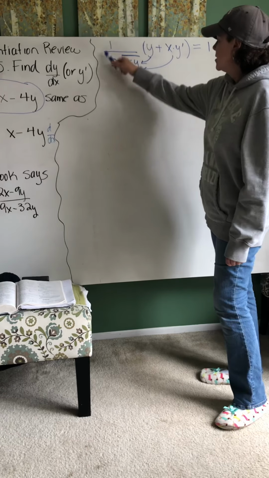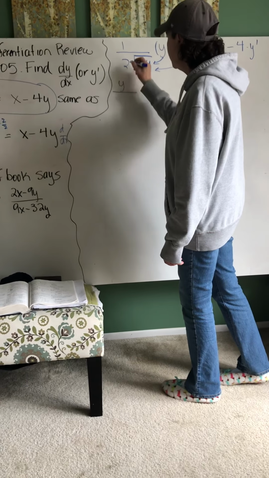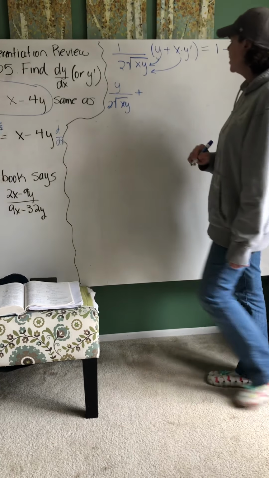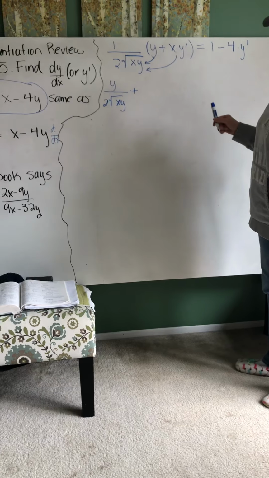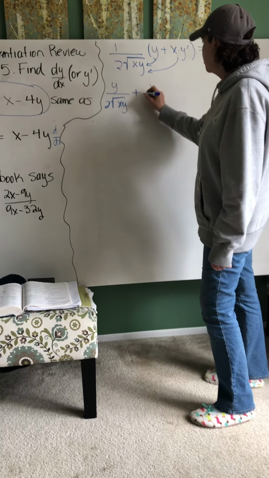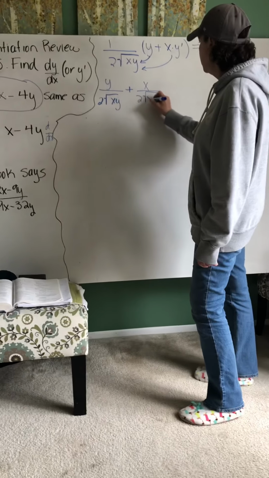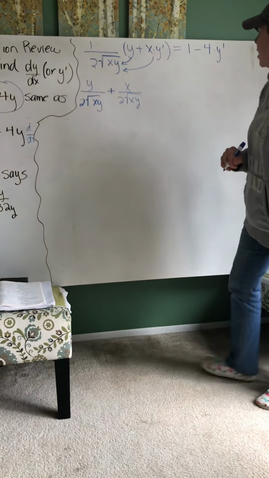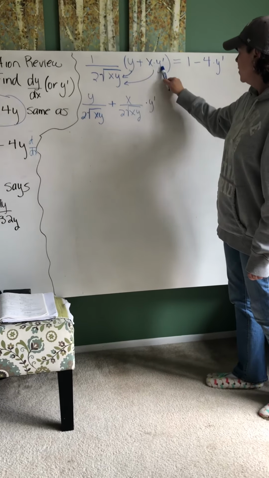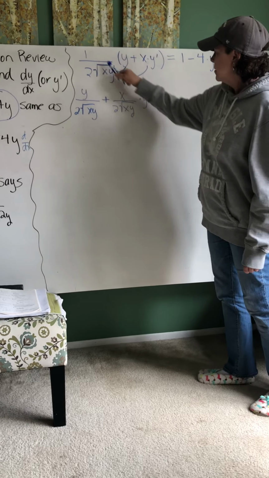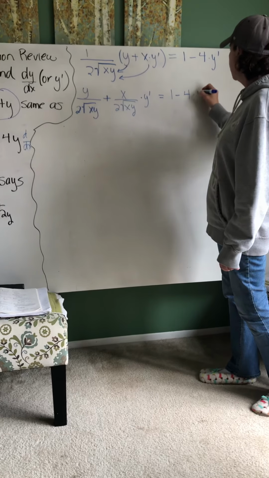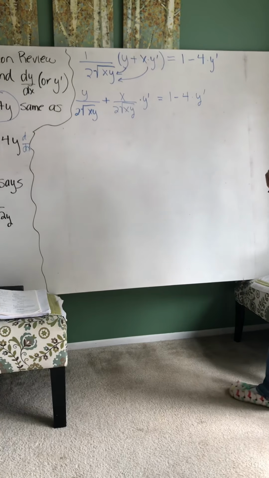Notice y times this expression is a y in the numerator times the rest of the expression, plus the derivative of this expression here, where I'm going to put the x in the numerator, and times y prime. So notice I have this product times this here. And that would equal, I'm not going to change anything on the right hand side.